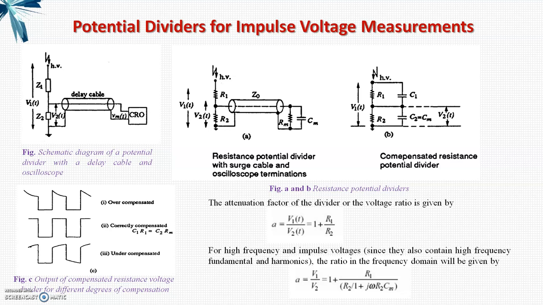This circuit shows the resistance potential divider. Here on the R1 and R2, high voltage V1 of t is applied at this terminal, then a portion V2 of t is tapped, and through that cable it is connected to the oscilloscope termination.